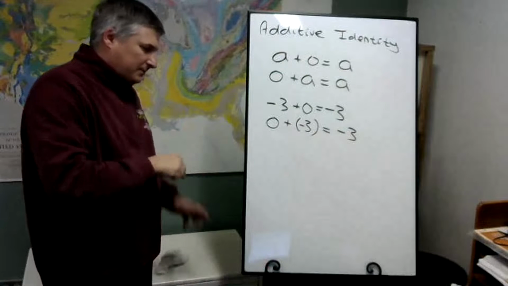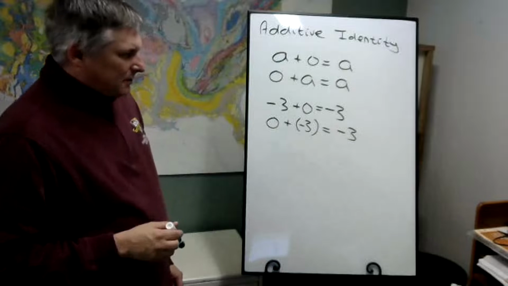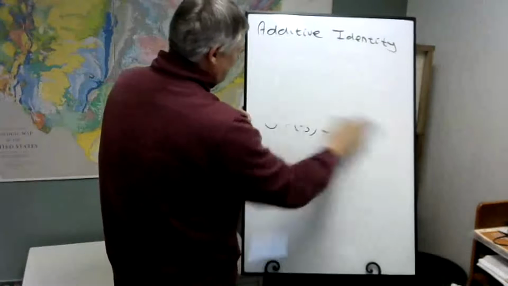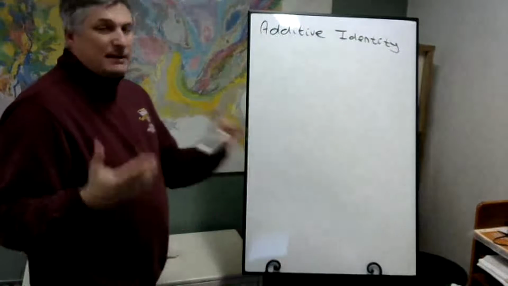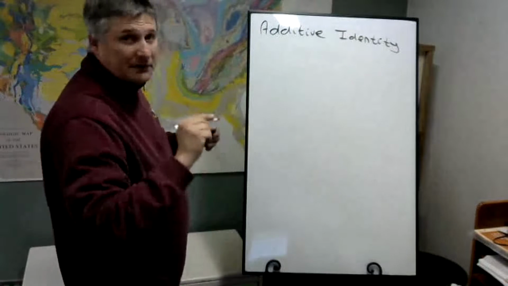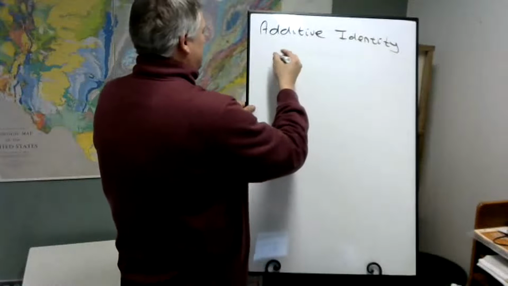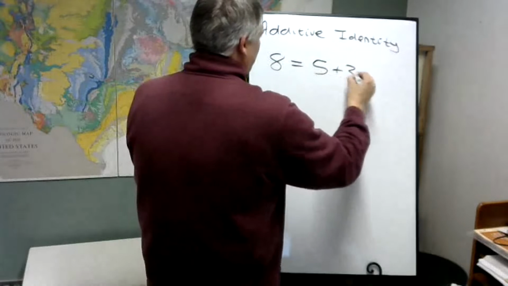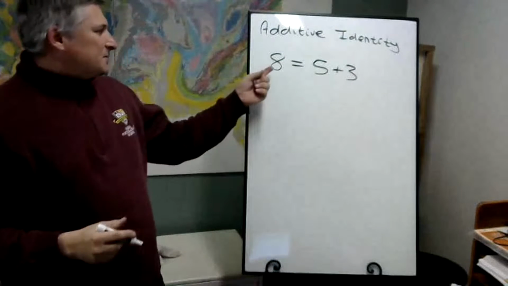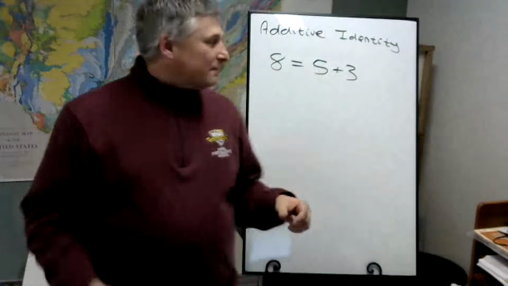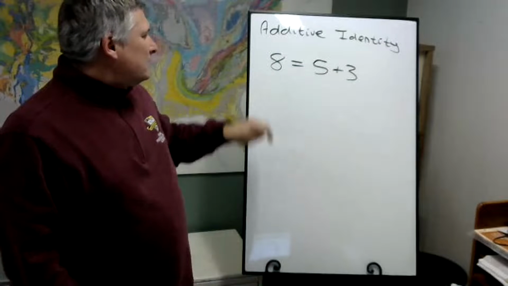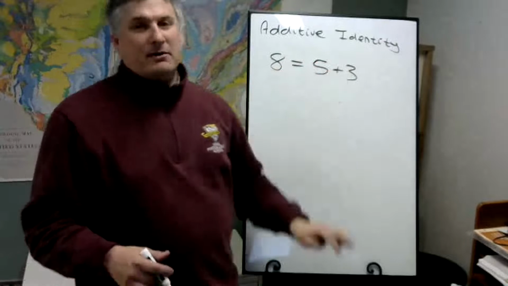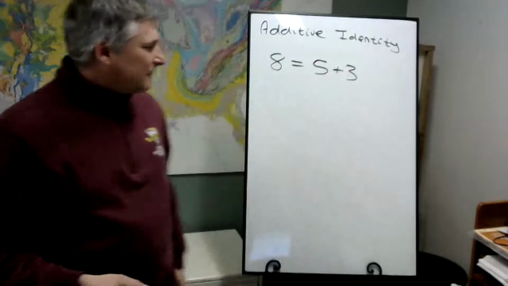Where this is important is later on when we get a little deeper into algebra. Let's say you have 8 equals 5 plus 3. Think of this in terms of weights. There's an 8-pound weight on this side, and on this side there's a 5-pound weight and a 3-pound weight. So they both balance.